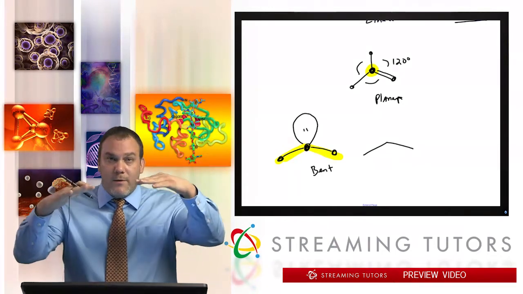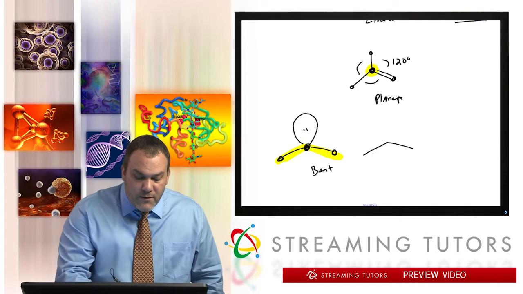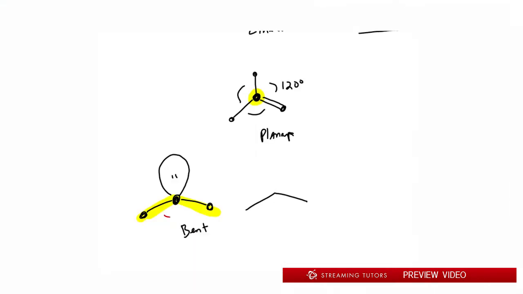If it wasn't there, it'd be like 120, but it pushes it. So this angle over here between these 2 right here, it's not 120. Okay, it's actually a little less than 120, but for our purposes in our class, we're going to say around 120. Okay, but the lone pair tends to push a little bit and change that angle.